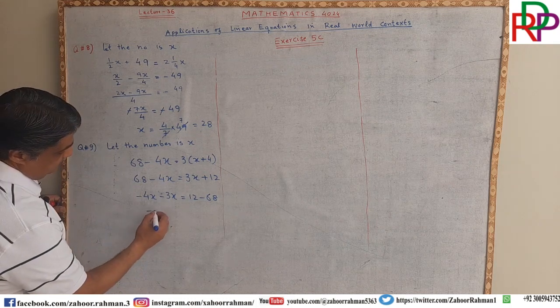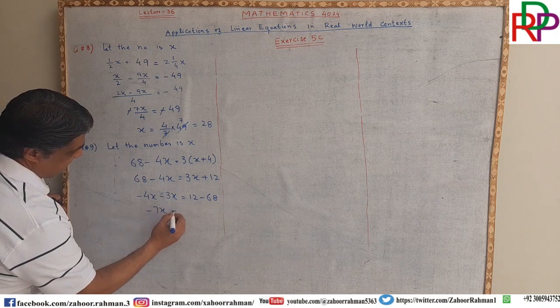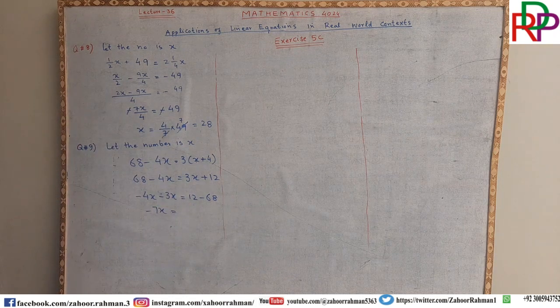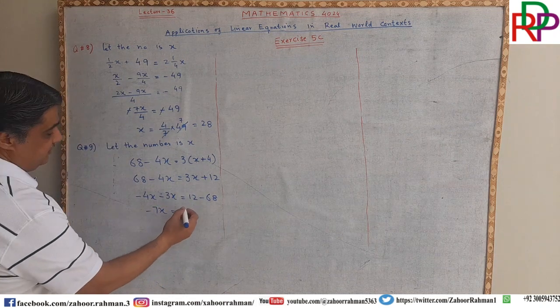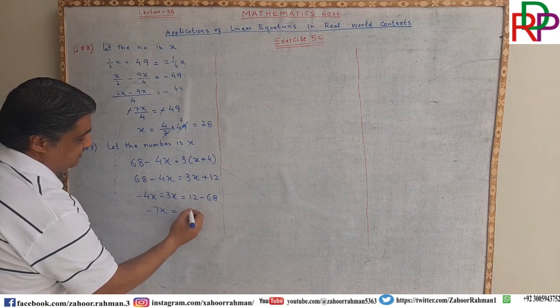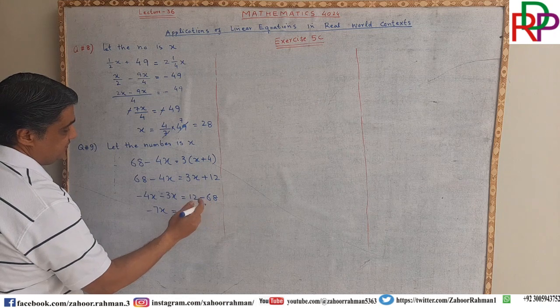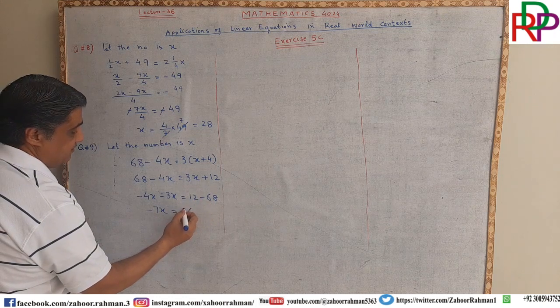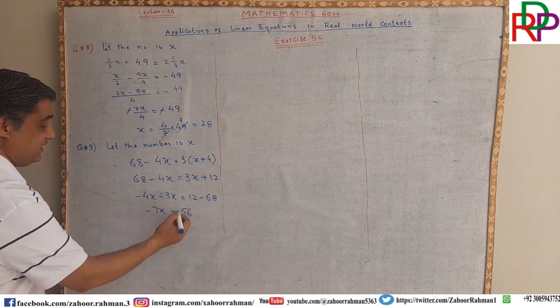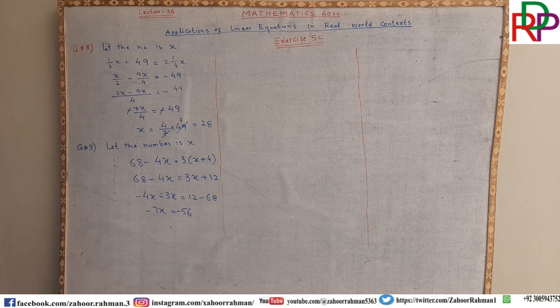Now this will be minus 7x, and when we subtract, it will be 56 with the negative symbol.